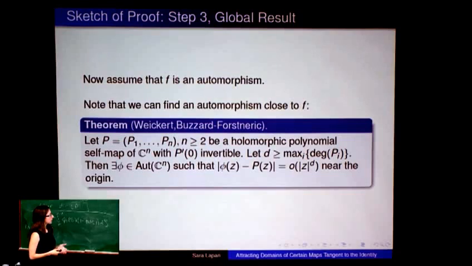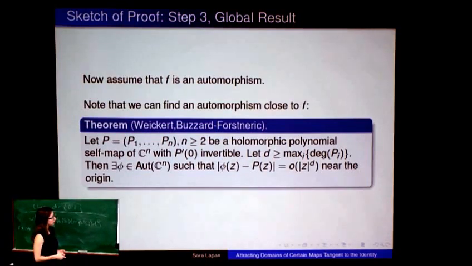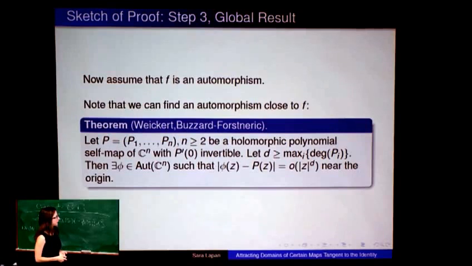So let P equal P1, comma, dot, dot, dot, Pn for n at least 2. Let this be a holomorphic polynomial self-map of C^n with P'(0) invertible, and let D be greater than or equal to the max degree of all of those P_i's.